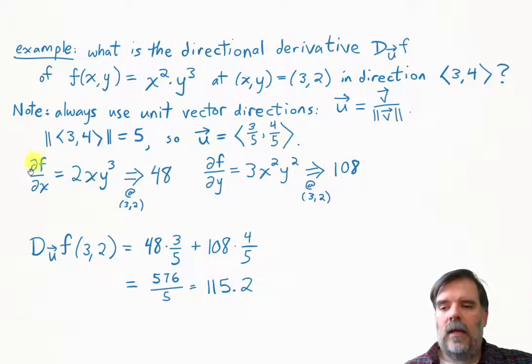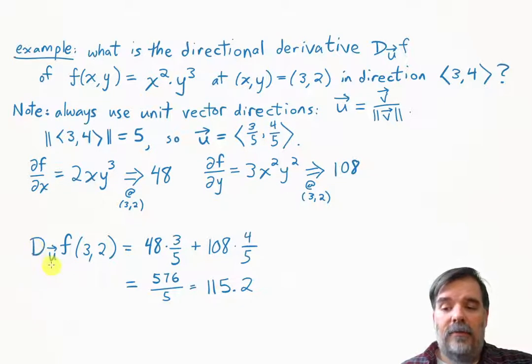Now, the partial derivatives of this function: df/dx is equal to 2xy cubed, evaluated at (3,2), and that derivative is 48. df/dy, that partial derivative, is 3x squared y squared, evaluated at the point (3,2), we get 108. And now we can put these pieces together, the values of the partial derivatives together with the components of our unit vector.